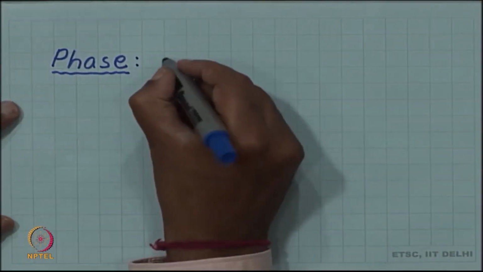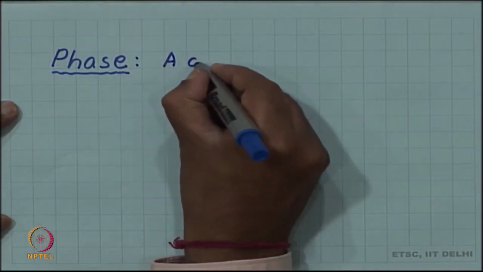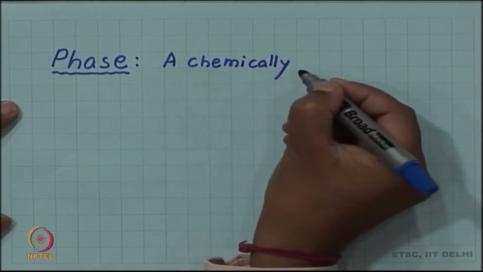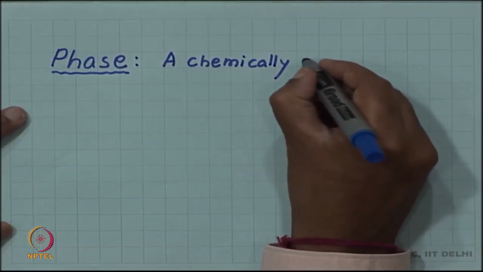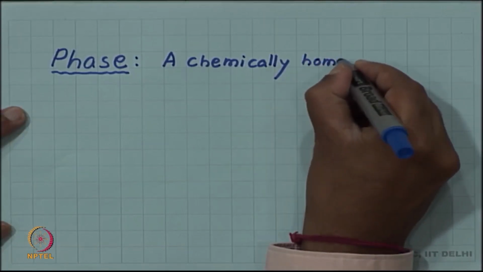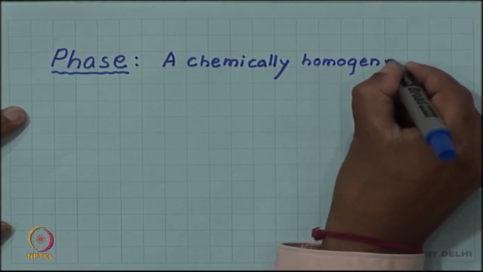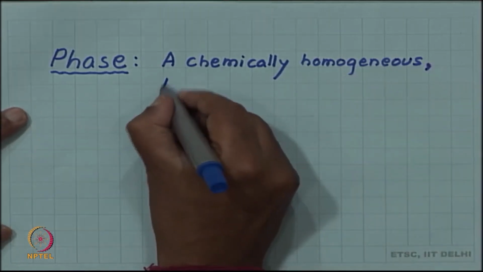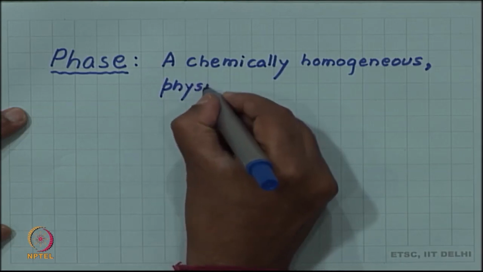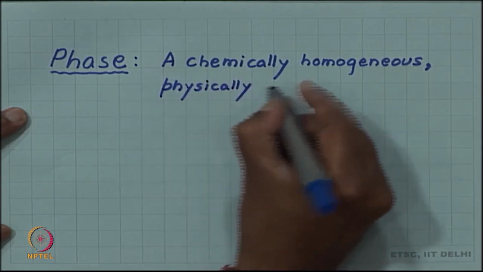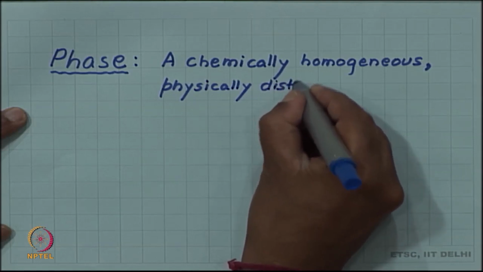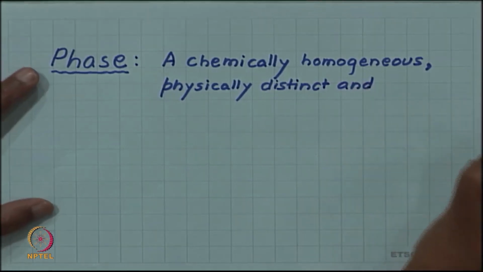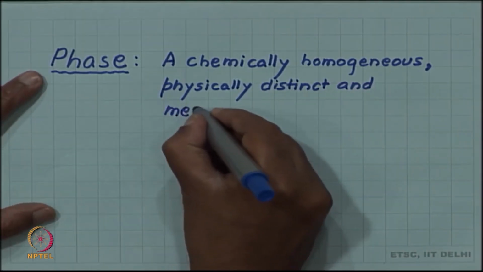What is a phase? So, a phase is a, it's difficult to define anyway, but we are making an attempt. A chemically homogeneous, physically distinct and mechanically separable part of a system is called a phase.